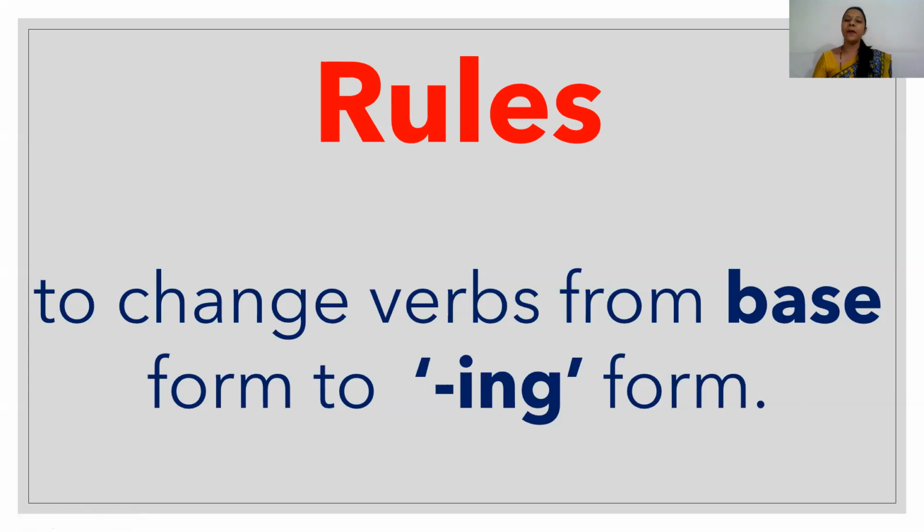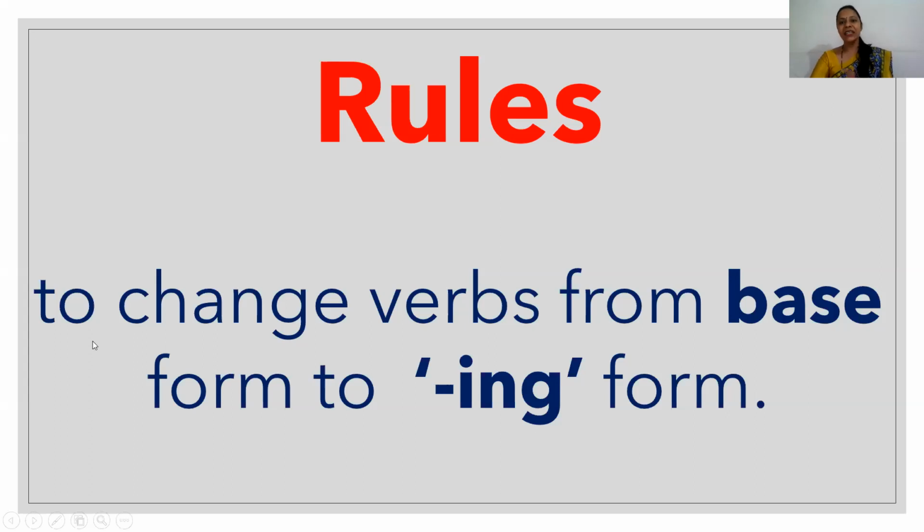Base form of a verb means the verb which has no ending. For example, let us take the verb dance. If I add ed at the end of dance, it becomes danced. Yes? And if I add ing at the end of dance, it becomes dancing. So, the base verb was dance.